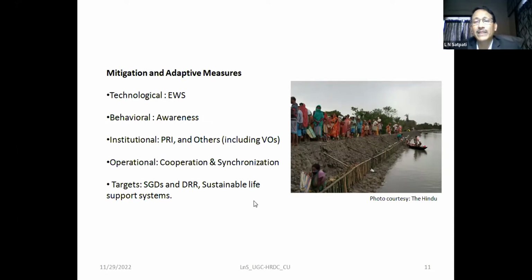So if we have a perspective vision document, targets and goals set for the next 25 years, and we have planning for the next 5 years or 10 years with the roadmaps and documentation of the assets, liabilities, the risk factors, and on almost an annual basis, with the calculation of the risks and rewards for each habitation area with the GIS platforms and monitoring it, then definitely the Sundarban region will get the benefit.